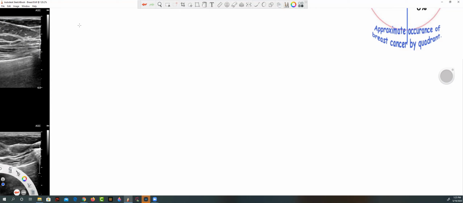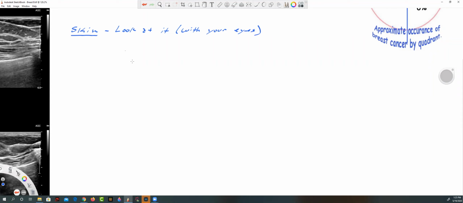Skin, 2 millimeters, I already mentioned that. Oh, but skin, where are you? There you are. The skin, look at it with your eyes, not just your ultrasound.